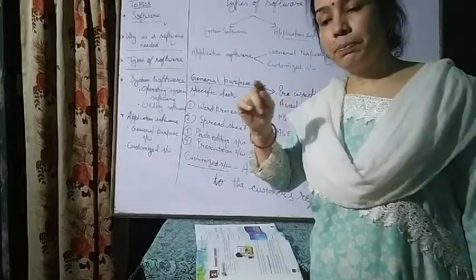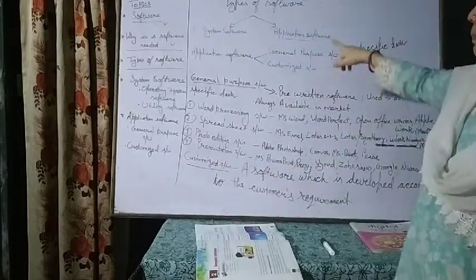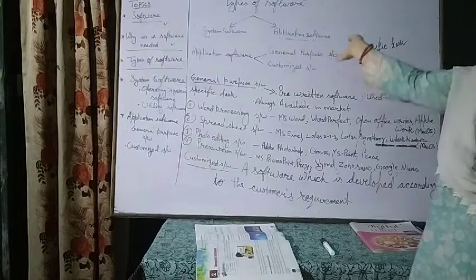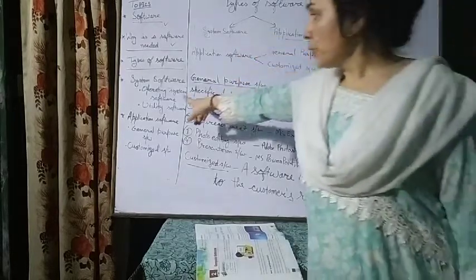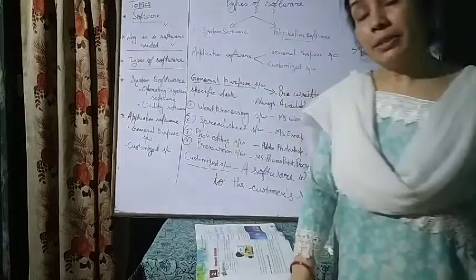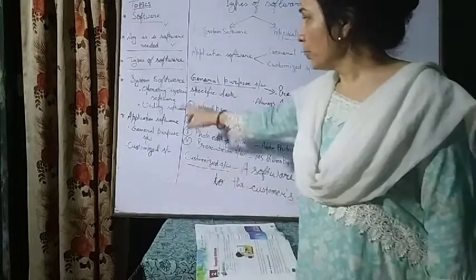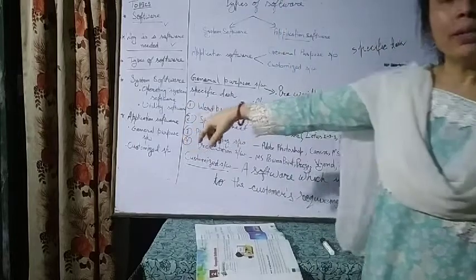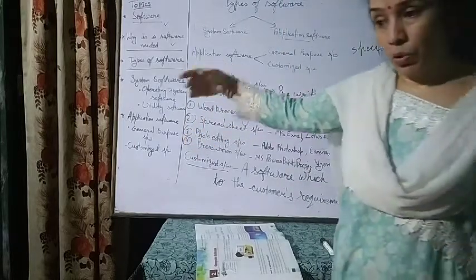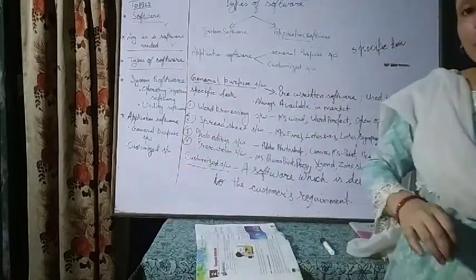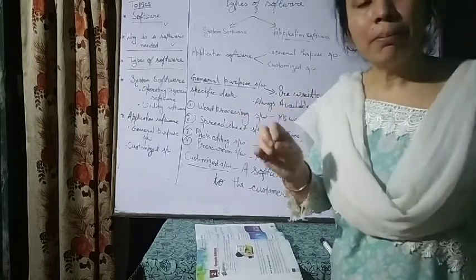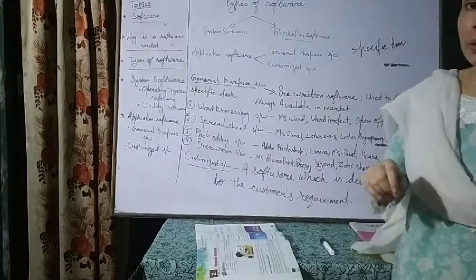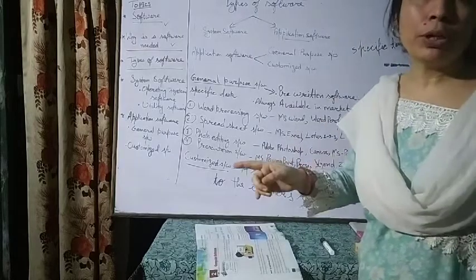Then application software, which we just discussed. Two types of system software we discussed: operating system software and utility software. The operating system is the main software of the computer, which is loaded first into the computer's main memory, RAM. Then we can use application software.